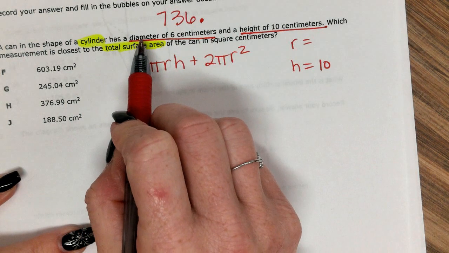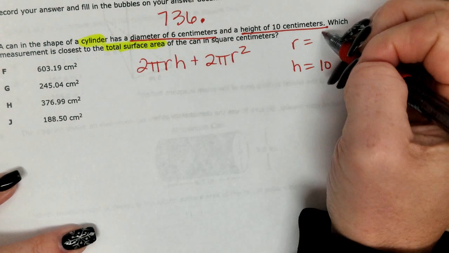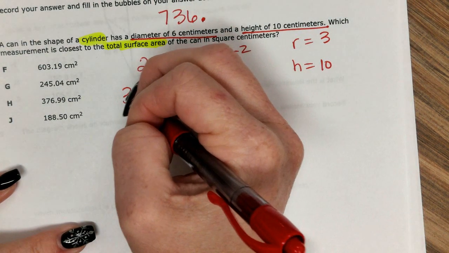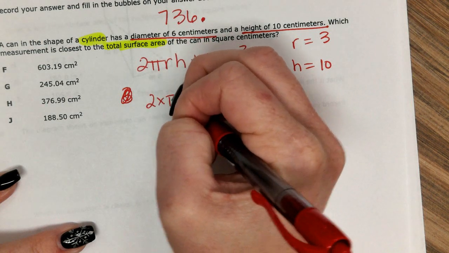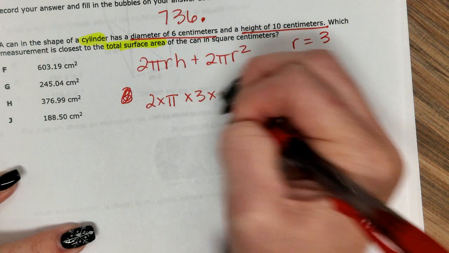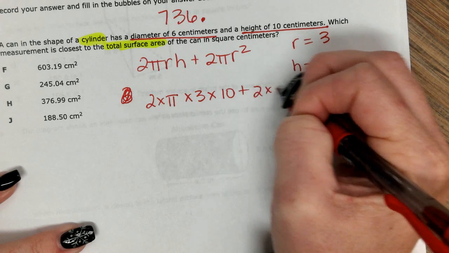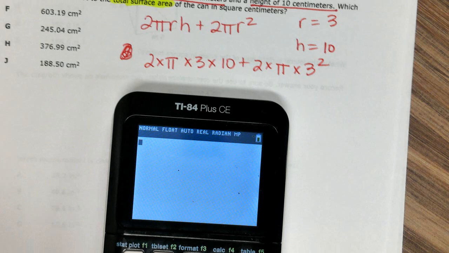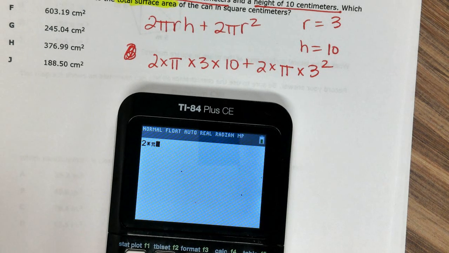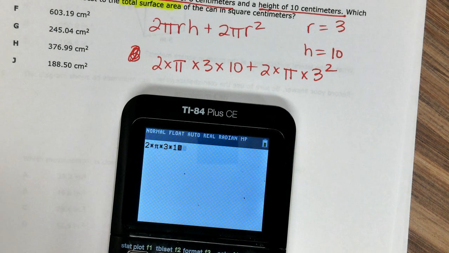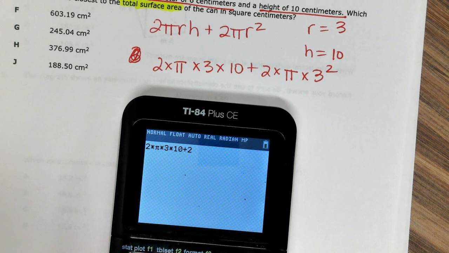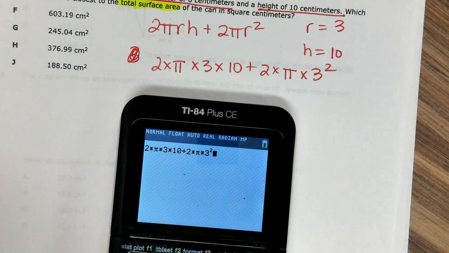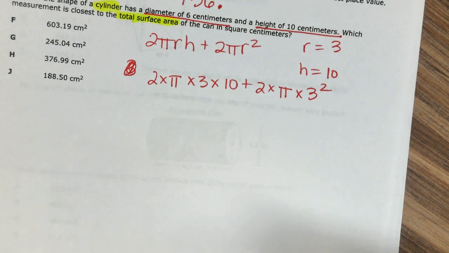So if they give diameter, you must divide by 2. And 6 divided by 2 is 3. And then just plug it in. And the answer is 245.